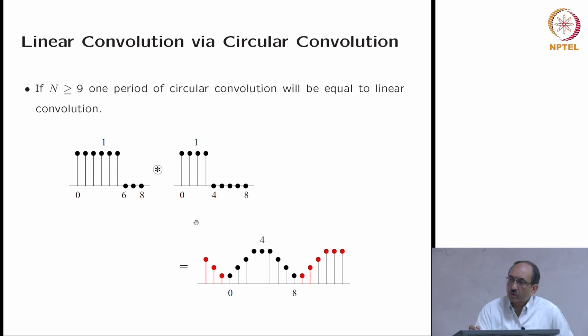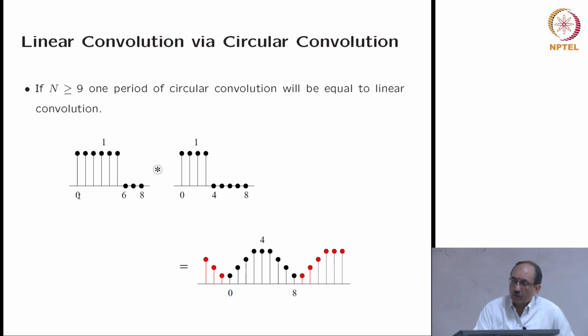So that is what is shown here. Remember, the one sequence is of length 6, the other sequence is of length 4. So p plus q minus 1 is 9. Therefore, if you choose cap N to be 9 or greater, over one period circular and linear convolutions will match, and the minimum N is p plus q minus 1.